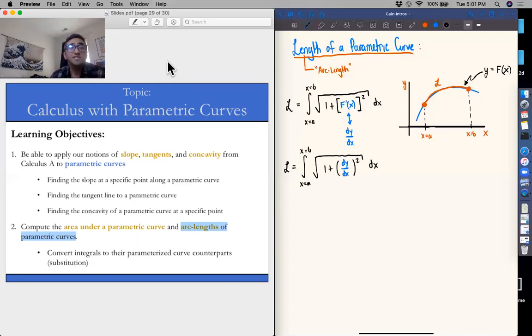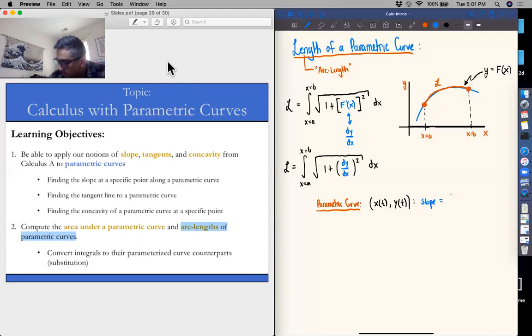And now let's actually start shifting things around for our parametric curve. So this was our arc length formula for Cartesian functions that we derived a couple chapters ago. So remember, for parametric curves, if we're given some curve where x is a function of the parameter t and y is also a function of the parameter t, we knew how to calculate the slope.